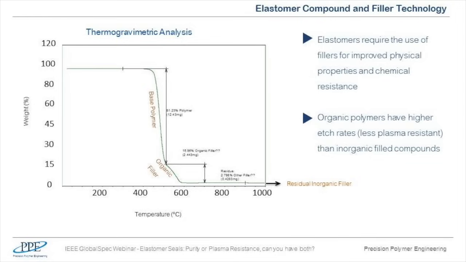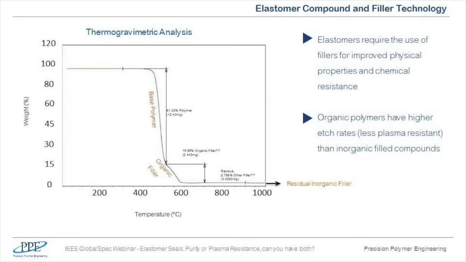And then at about 500 degrees, you see a small shoulder, which can correspond to a second type of polymer in the formulation, which can be an organic filler, because organic fillers are usually fluoropolymers like PTFE or PFA type polymers, having more stiffness to provide a little bit more dimensional stability and plasma resistance to the elastomer material.